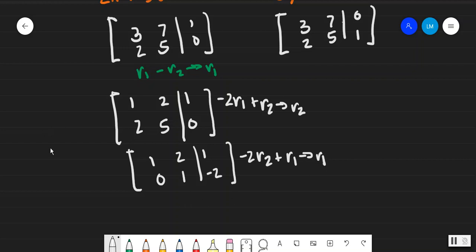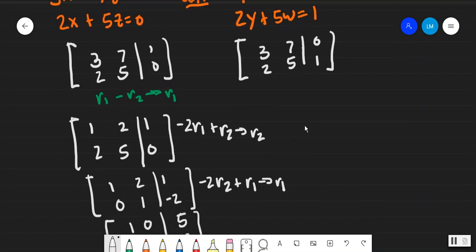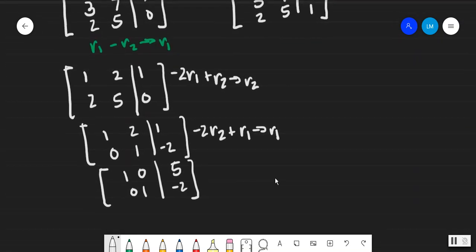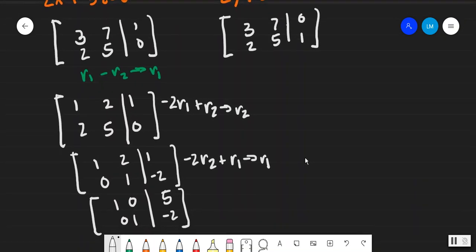That gives you the matrix 1, 0, 5, and 0, 1, -2. This gave us x and z, so we know x and z are equal to 5 and -2 respectively.